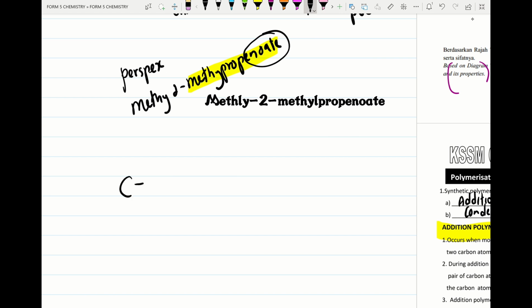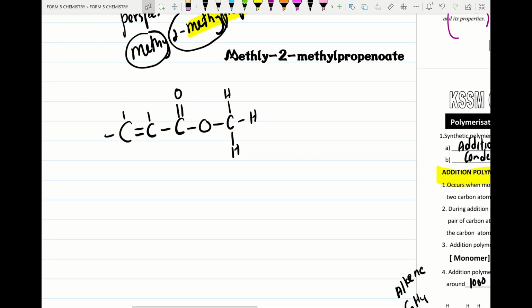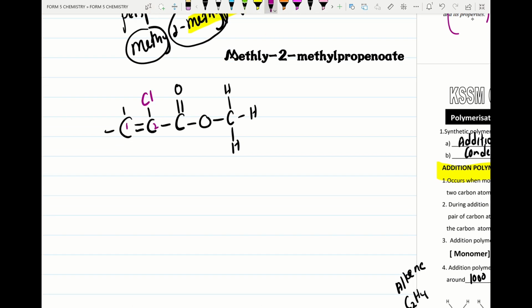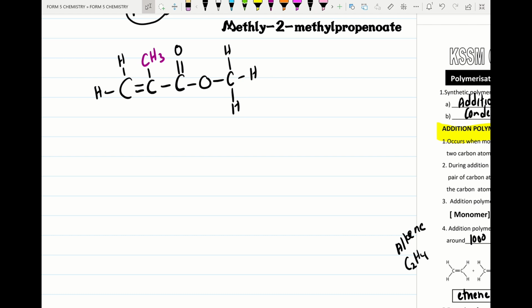So I write here C double bond, and here I draw the ester functional group, C double bond O. I take the methyl, I draw here. Alright, each carbon must have 4 bonds. So for this methyl, there's a branch present at carbon number 2, carbon number 1, carbon number 2. So here we have another branch. So I draw here. Alright, so next one I put H. Alright, so this is the structural formula of methyl 2-methyl propanoate. Now we try to cut the C double bond.